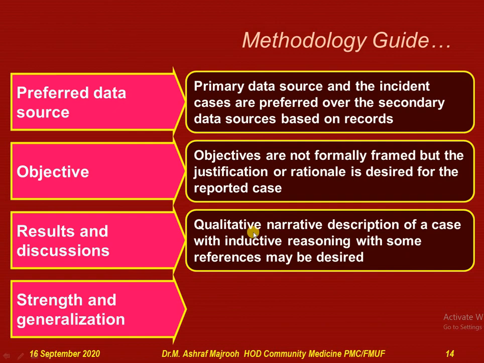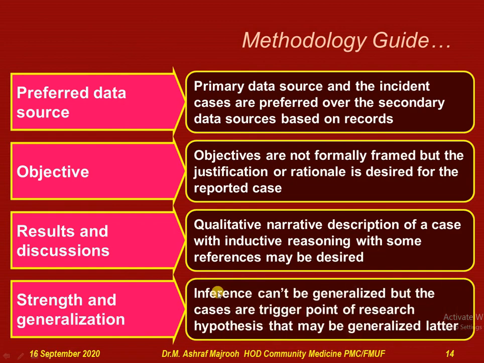Regarding result and discussion, a qualitative narrative description of the case with inductive reasoning and some references may be desired. As for the strength of evidence, the inference can't be generalized, but the cases are a trigger point of a research hypothesis that may be generalized later with the application of other epidemiological studies.